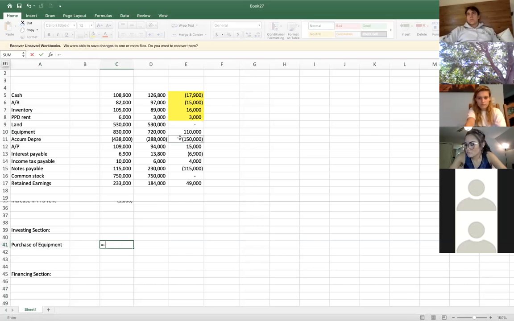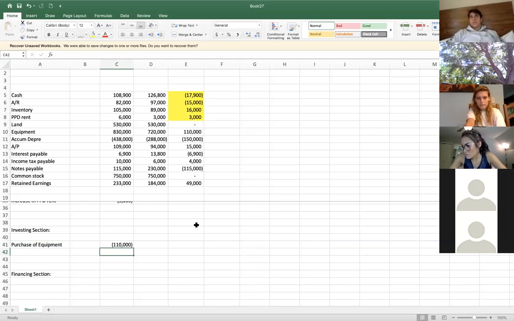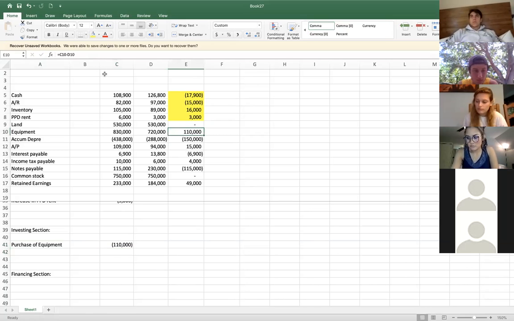And that purchase of equipment was 110,000. It's going to be a negative because it's a cash outflow in the investing section. So now I've accounted for the change in equipment.